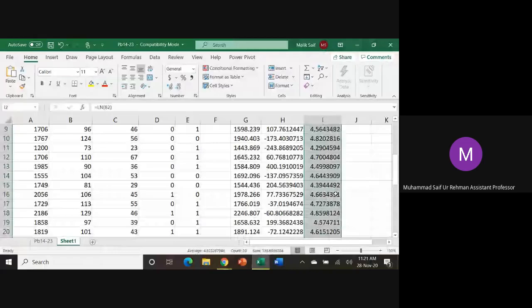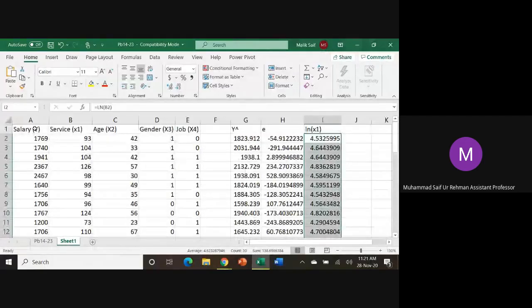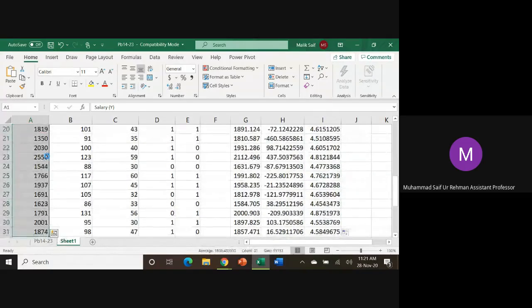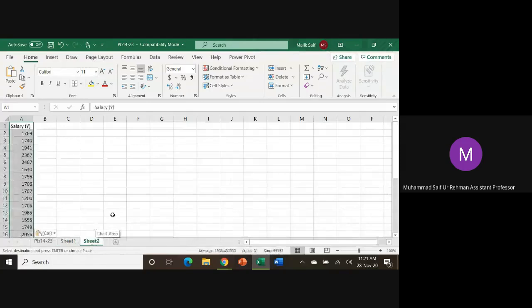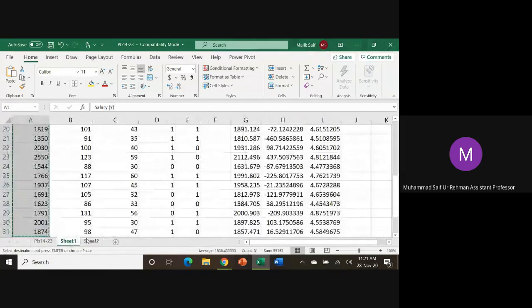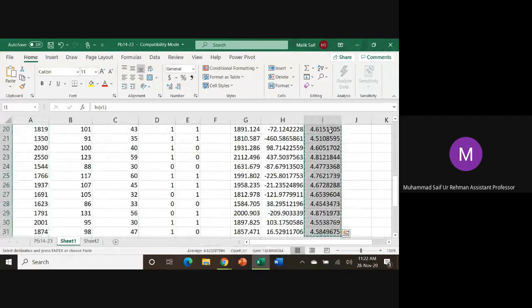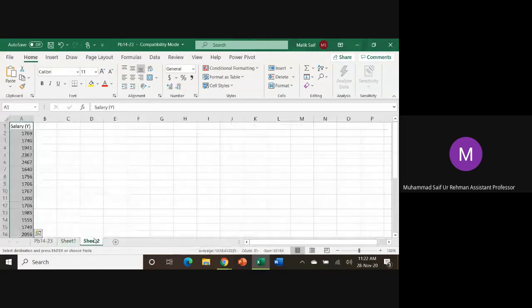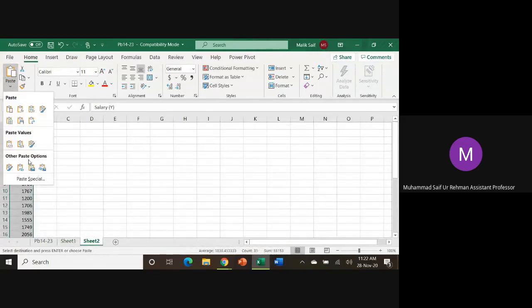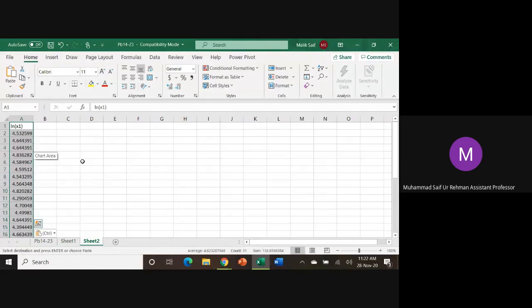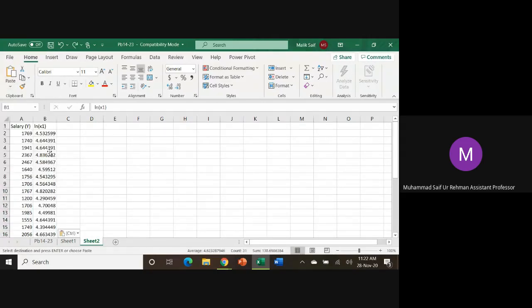These are the two columns. Now Control C, and here you have to paste the values for ln.